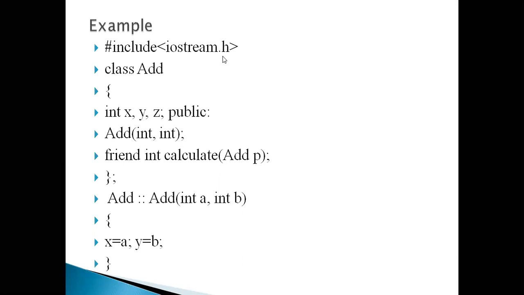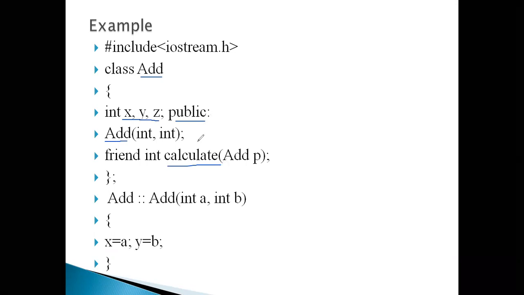Now look at the example here. Observe clearly. Here I am defining a class Ash. X, Y, Z are the private data members. In the public part, I am defining one member function and one friend function.